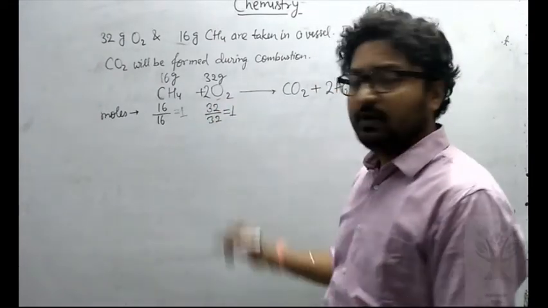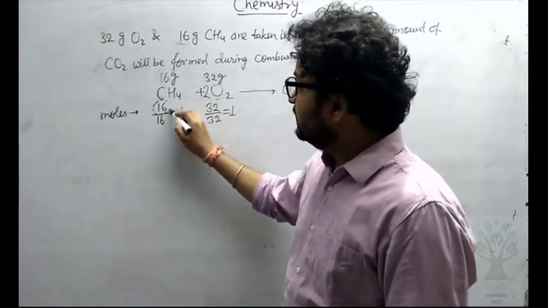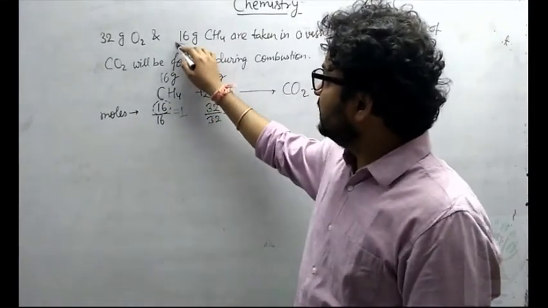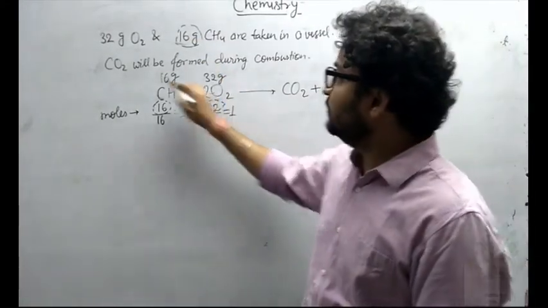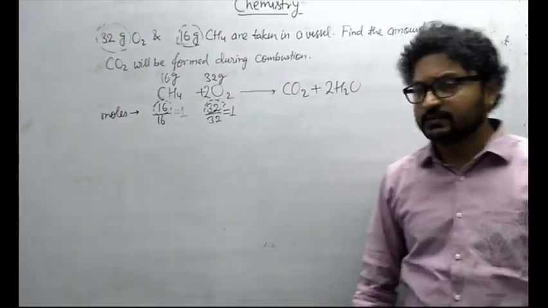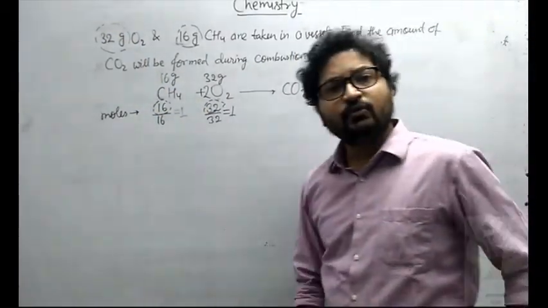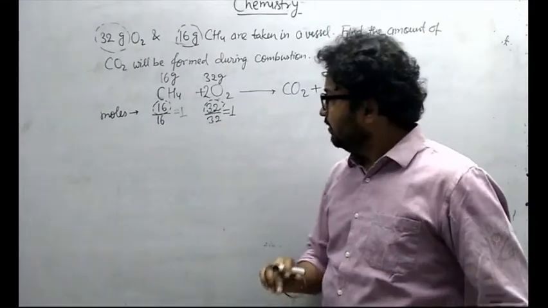Oh my god, that is also 1. This 16 is the amount given, and 32 is the amount given here as well. I hope this is clear. Now I have taken both as 1 mole. Now let's see.